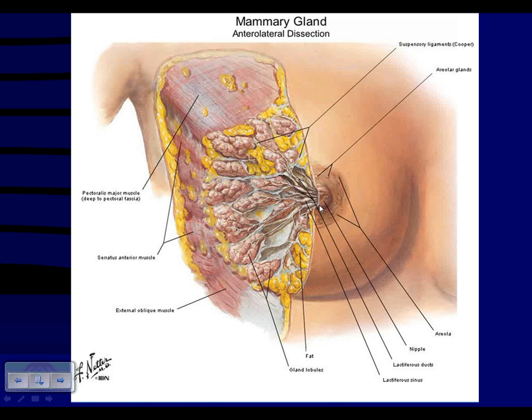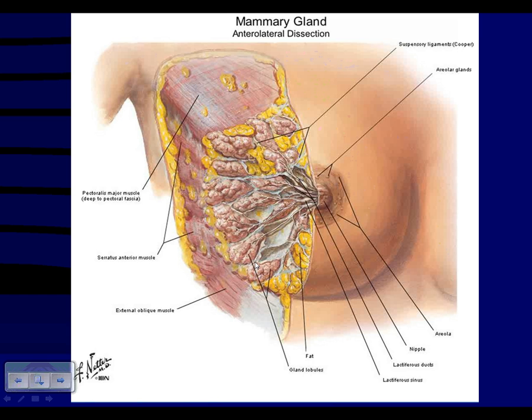Each lactiferous duct supplies a given lobe of breast tissue. And you notice that each of these lactiferous ducts has a little bit of dilated sinus right before it reaches the nipple. So just underneath the nipple, in what we call the subareolar location, the ducts dilate, and it's called a lactiferous sinus.